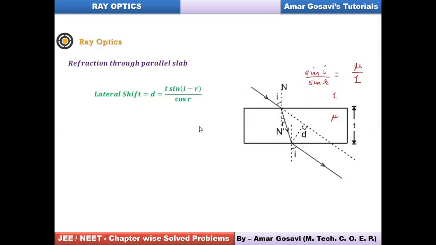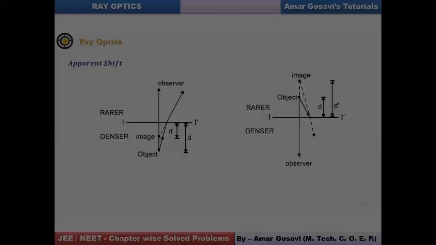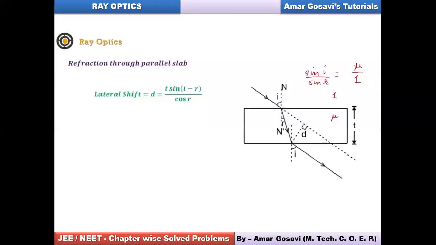I stands for angle of incidence. R stands for angle of refraction, friends. So please make a note of this before I actually move ahead towards the next slide, and let me know once you're done with it. So slowly we are getting into greater details for refraction, friends.